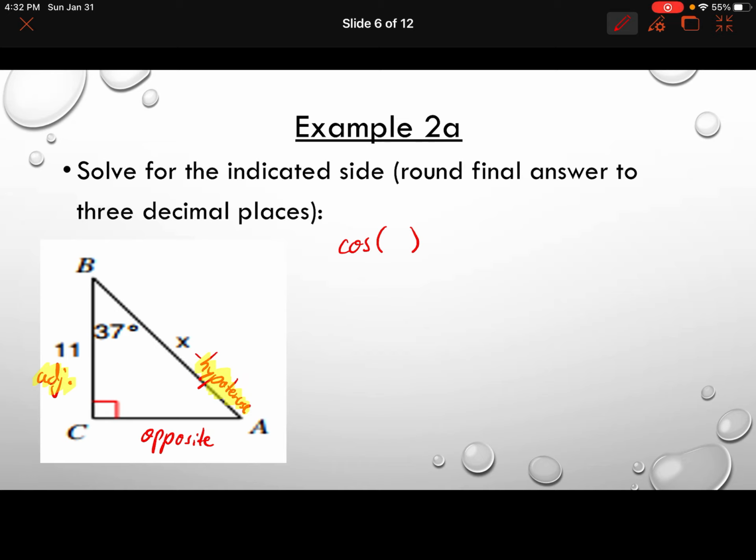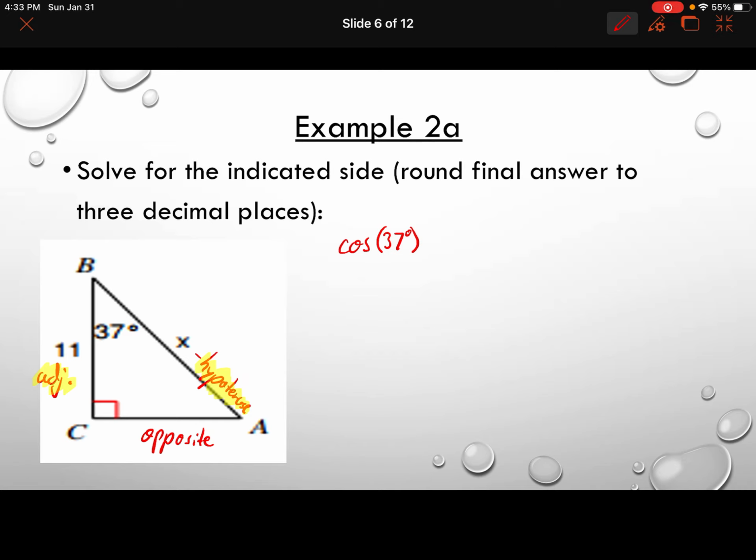So cosine of what? We're doing the cosine of the angle, which in this case was 37 degrees. That was the angle we looked at to determine the adjacent, opposite, and hypotenuse sides. That's how you know the angle to put inside each of the trig functions: it's determined by which angle you were looking at when determining the opposite, adjacent, and hypotenuse sides.